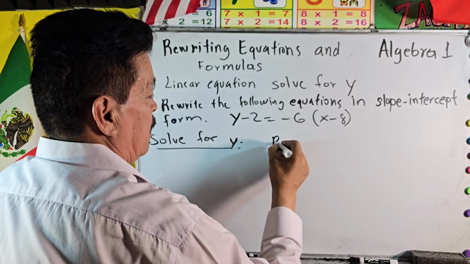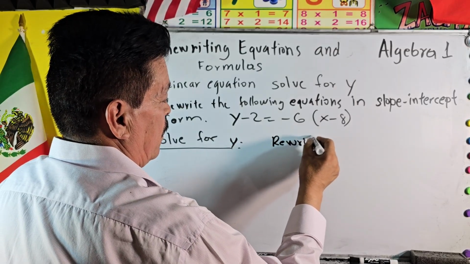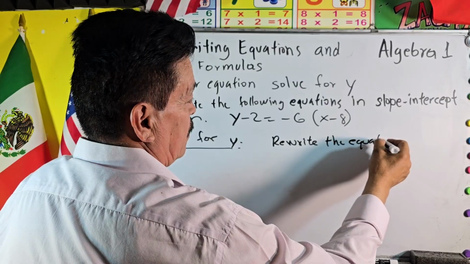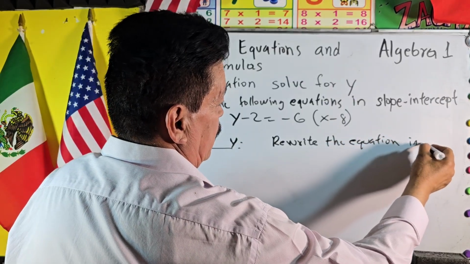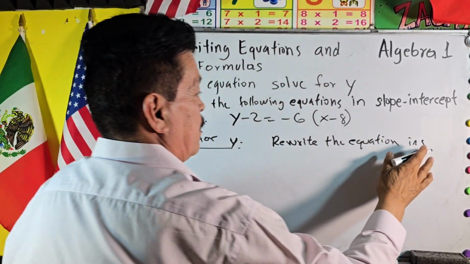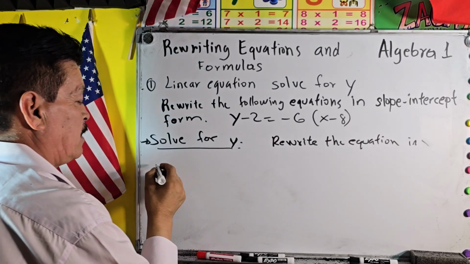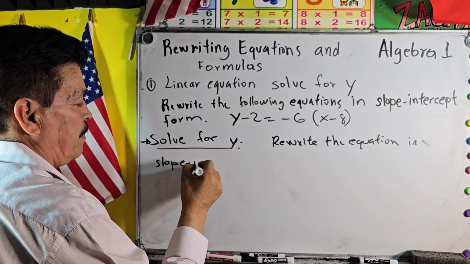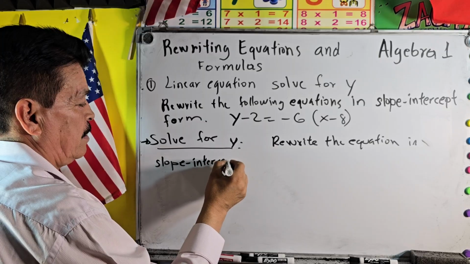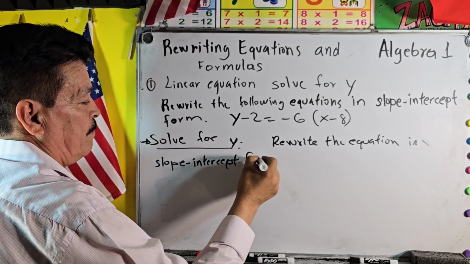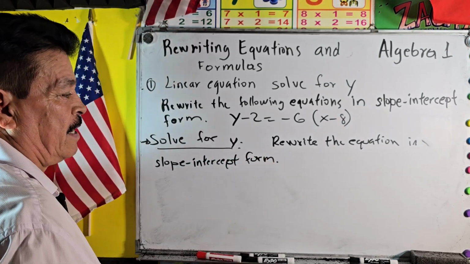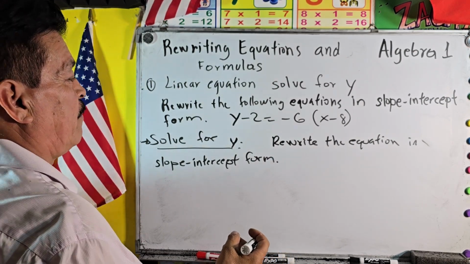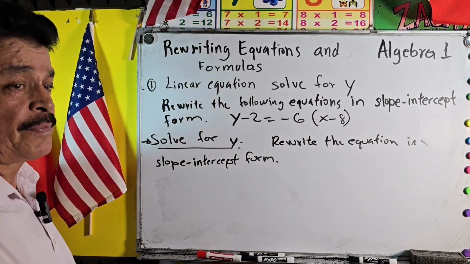Okay, how do we rewrite the equation in slope-intercept form here?